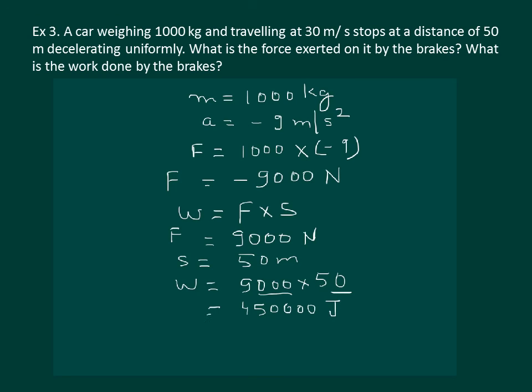That is 45,000 joules. We can also write the work done as 4.5 into 10 to the power 5 joules. So the total work done by the brake is 4.5 into 10 to the power 5 joules.